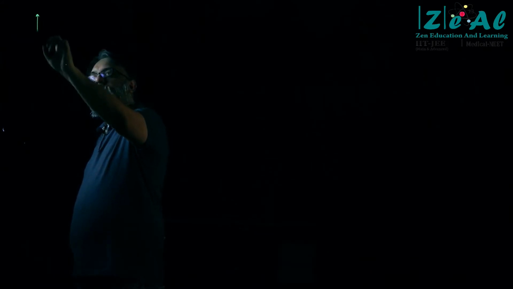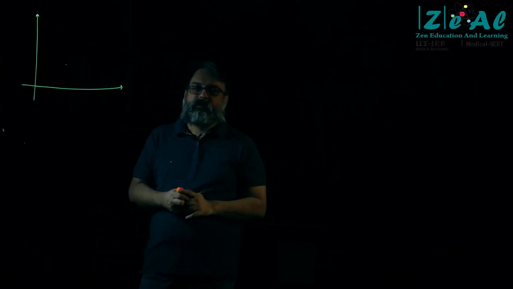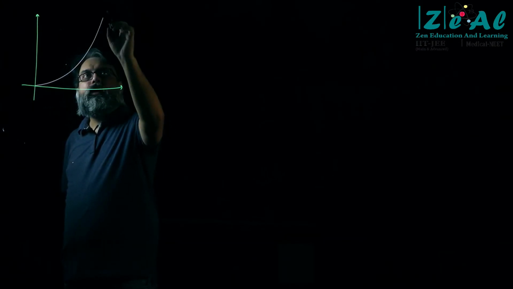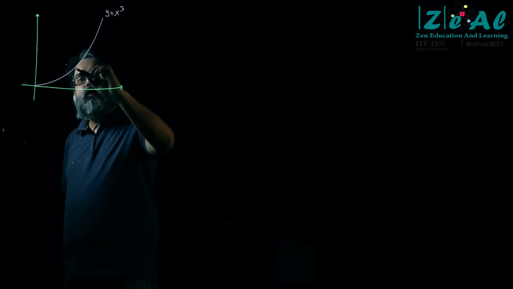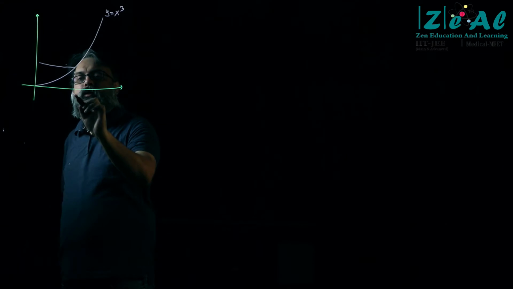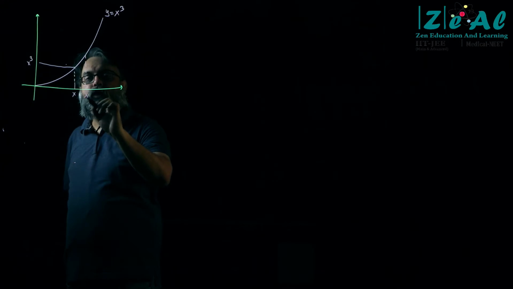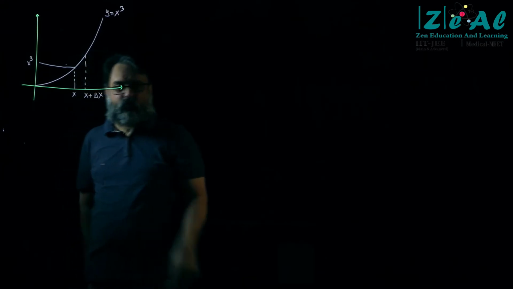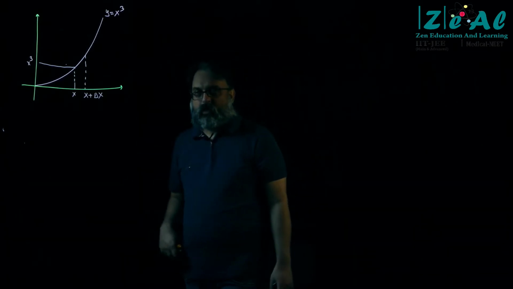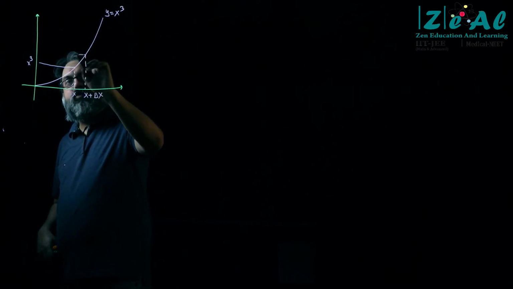So the solution is that if we have the curve y is equal to x cube, then this coordinate x will give you a y coordinate of x cube, and this coordinate of x plus delta x, remember I'm going to explain delta x in a minute. In fact, I'm going to change it completely because this delta x will not suit our purposes in a moment.